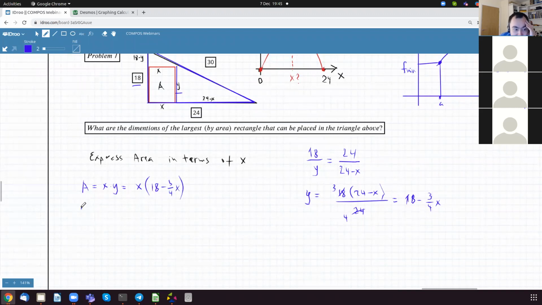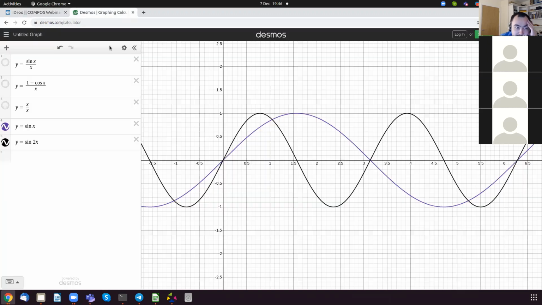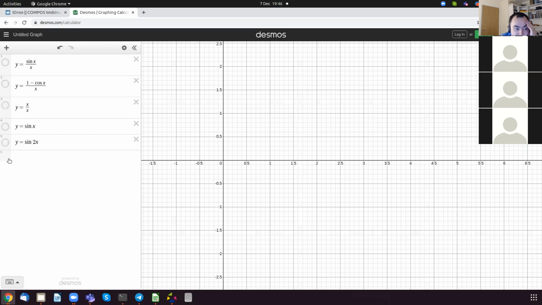Expanding the brackets, it's 18x minus 3/4 of x squared. And actually what you can do is just plot this: y equals 18x minus 3/4 of x squared.